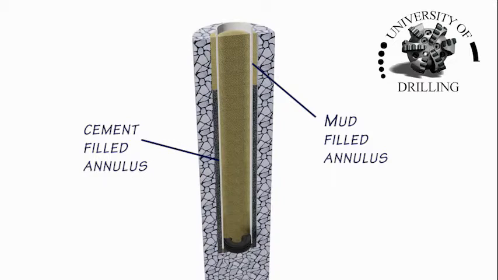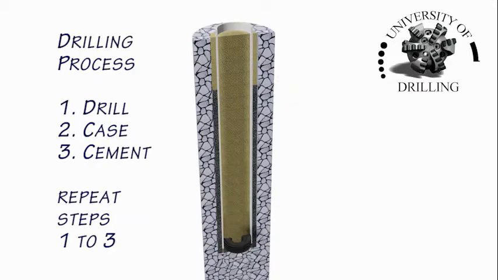Once the cement has hardened within the annulus, or space between the borehole or previous casing wall and the wall of the present casing, the three-step drilling process of drilling, casing, and cementing can continue.